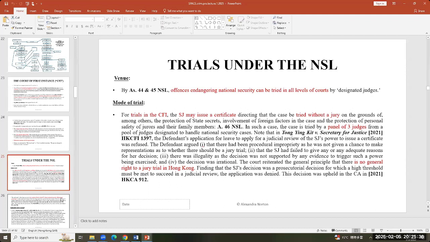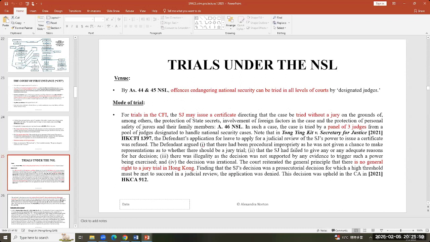So a couple of years ago, you will have remembered this provision being hotly debated in some of the cases involving the Occupy Central protests, whether in Hong Kong there was a right to a jury trial, because previously, before the NSL, whenever there was a trial in the CFI, it was always heard by a jury.